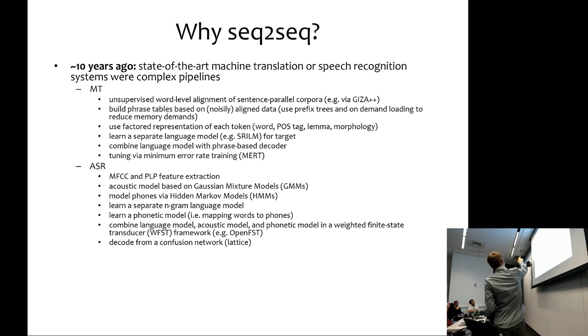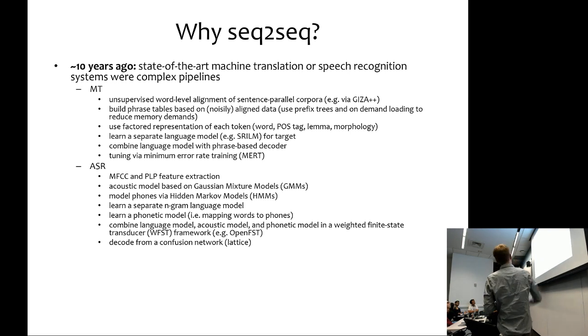And then you would look up the best state-of-the-art language model at that moment, which maybe was SRILM, and you would build a language model that told you how sentences in French, if we're translating to French, actually look like. Okay. And then you could combine that language model with some phrase-based decoder, and you could train the whole thing via minimum error rate training.